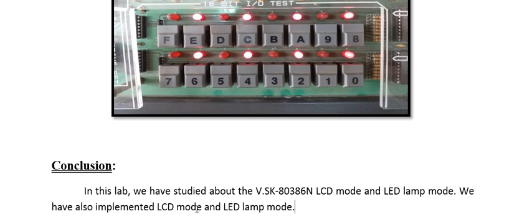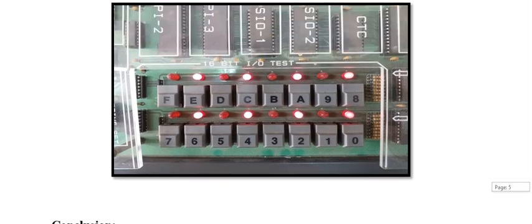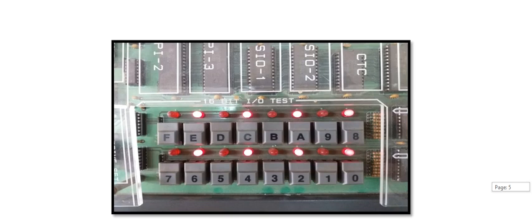We have studied the V.SK-80386 trainer, and we have also studied the 80386 microprocessor. This is the upgraded version, and we also discussed the previous microprocessors like 8086, 8088, 80286, their RAM, their memory, and their architecture.